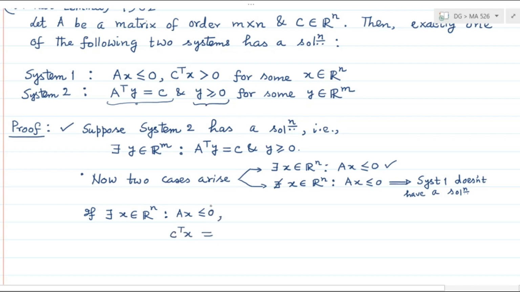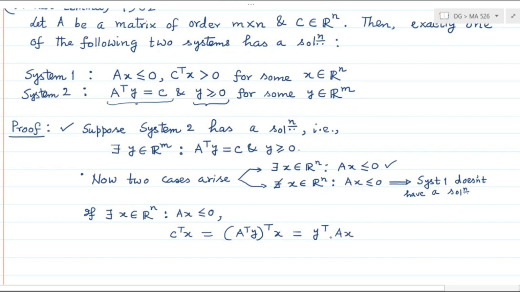We note that you have assumed there exists one y such that A transpose y is equal to C. So let us plug this expression of C in. The expression of C is A transpose y, transpose, x, and this will give us y transpose Ax.